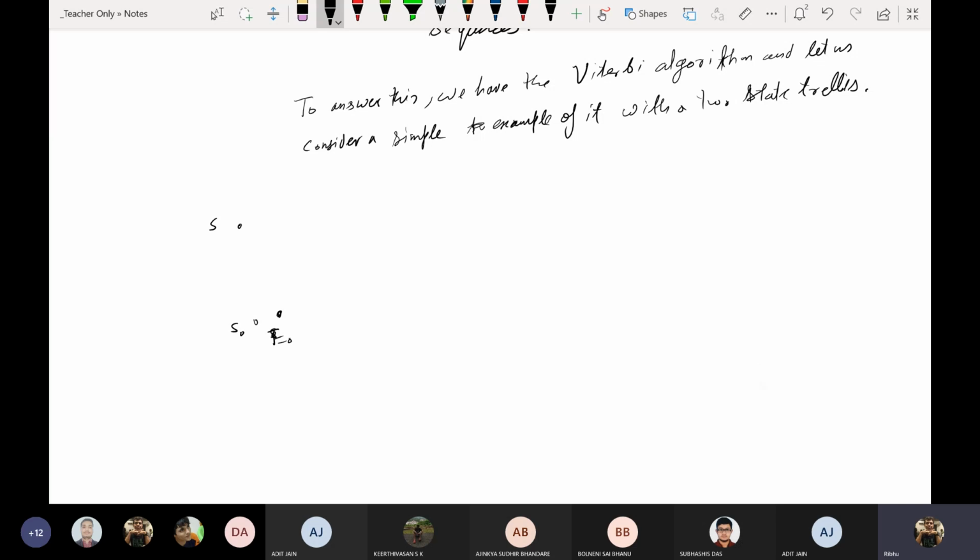So at time 0 we start at 0, and at time t we end at state 0, and in between, there are 2 to the k possible paths that you can take from going from 0 to 0, right? Yes, sir. So now how do we do this?